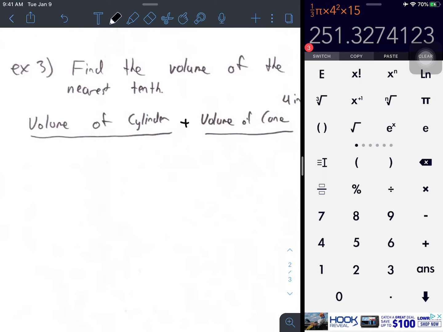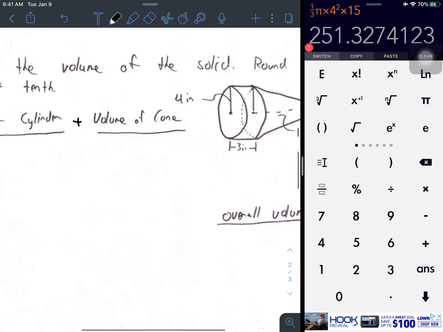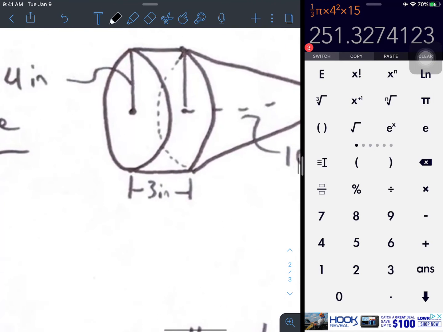So first thing we want to talk about is finding the volume of the cylinder. So lesson 1, the volume of a cylinder is pi r squared times h, area of the base times the height. And from this lesson, 1/3 times pi r squared h. So let's talk about just the cylinder here first.